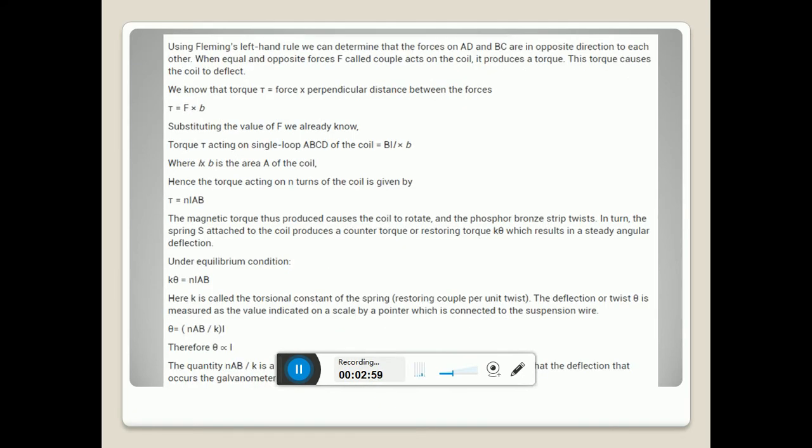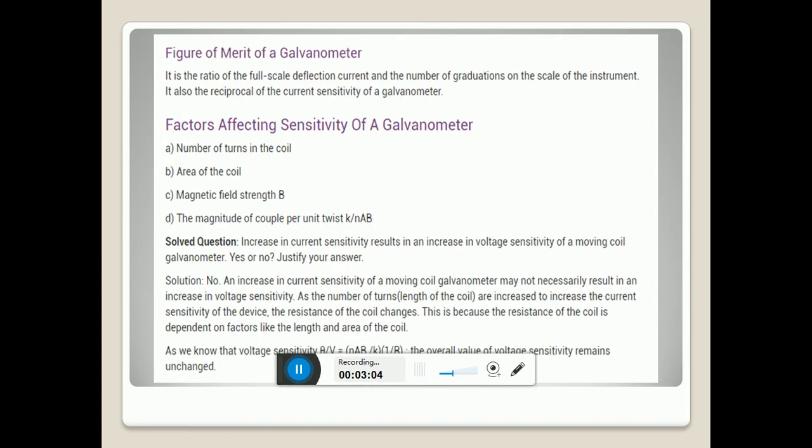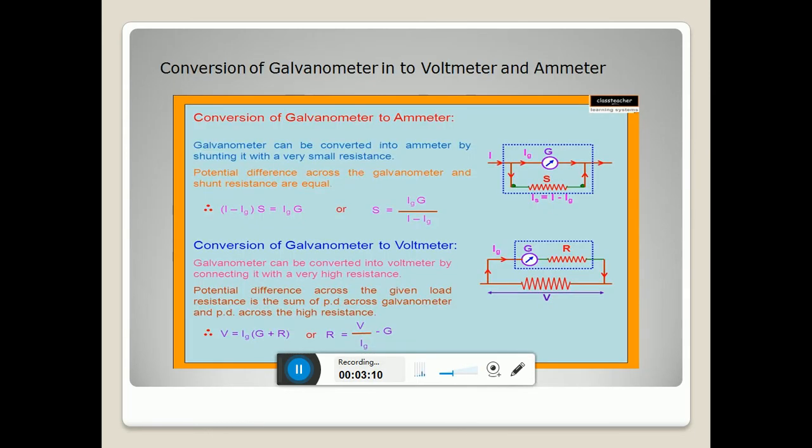In that, current sensitivity and voltage sensitivity of the galvanometer, factors affecting them, and finally conversion of galvanometer into ammeter and voltmeter.